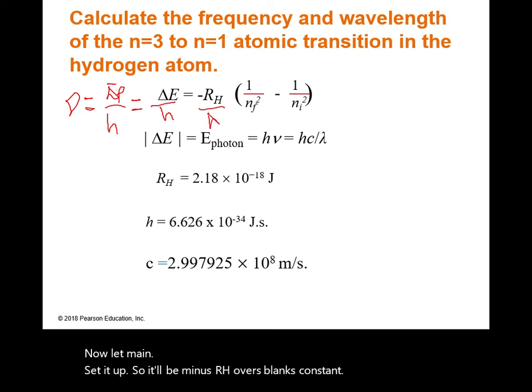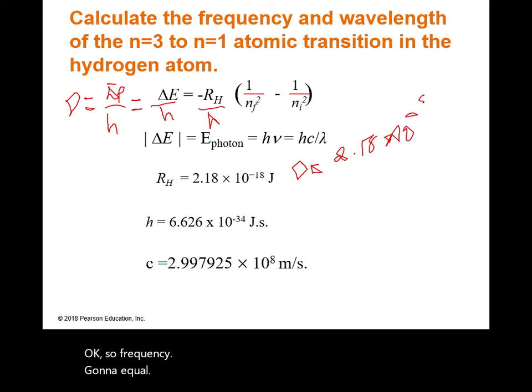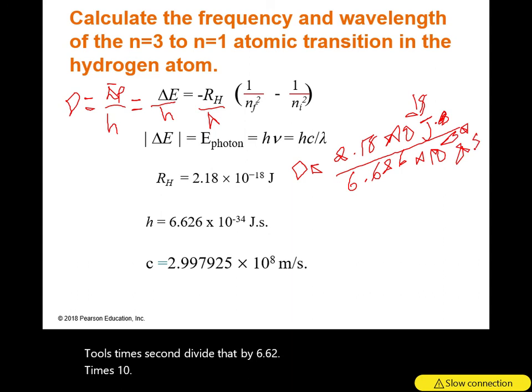Okay, so frequency is going to equal 2.18 times 10 to the negative 18 joules times second. Divide that by 6.626 times 10 to the negative 34 joules times second.